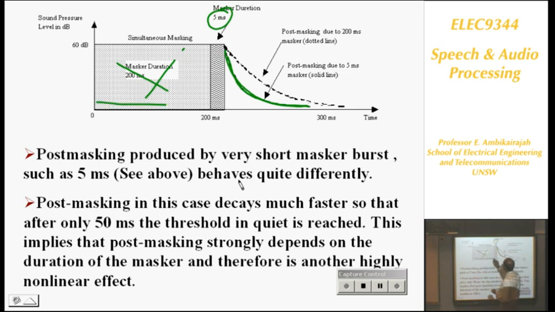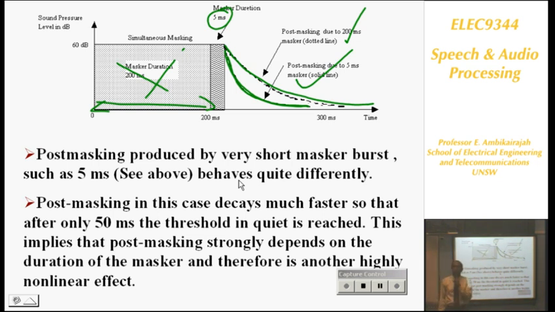Whereas if you have a 200 millisecond masker and remove it, the duration is longer and its effect is longer. It takes a long time to decay. So this is post-masking due to a 200 millisecond masker, and this is post-masking due to 5 milliseconds. So it depends on the duration, not even the level. The duration determines how long the effect is going to be.